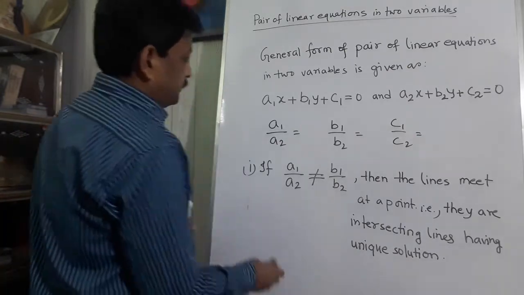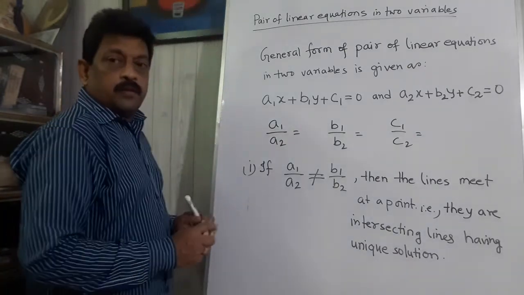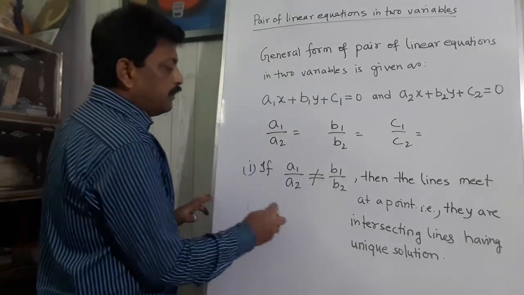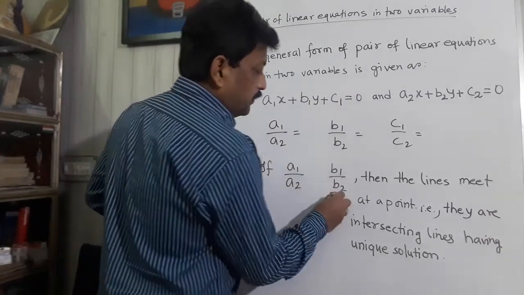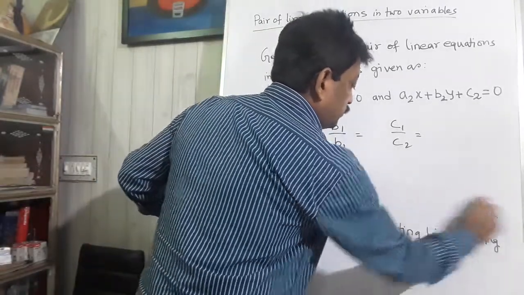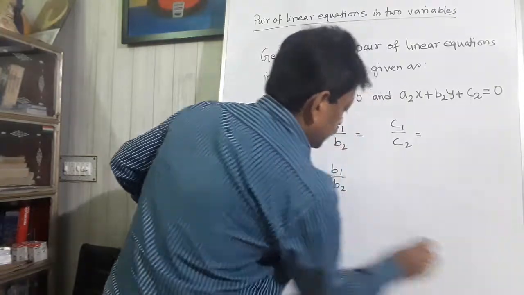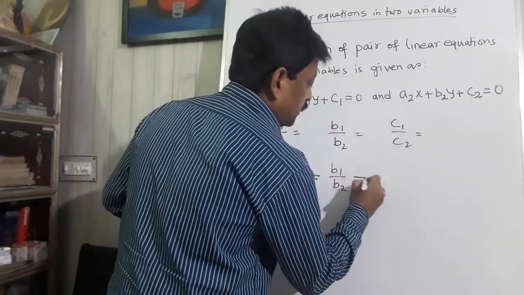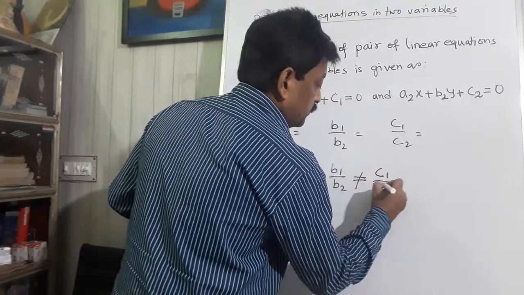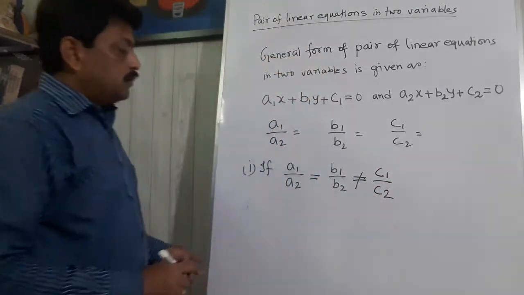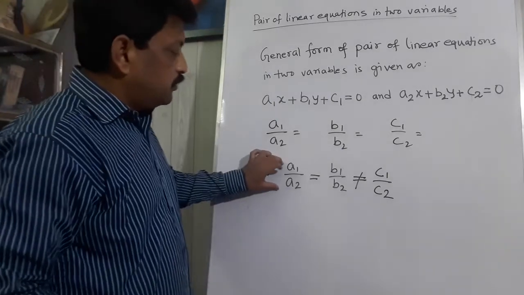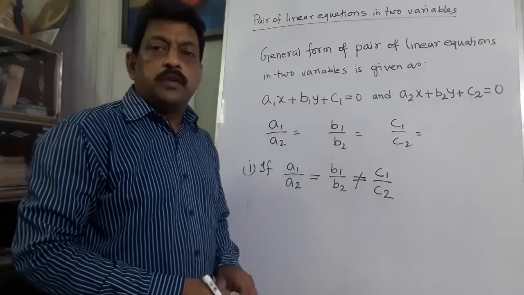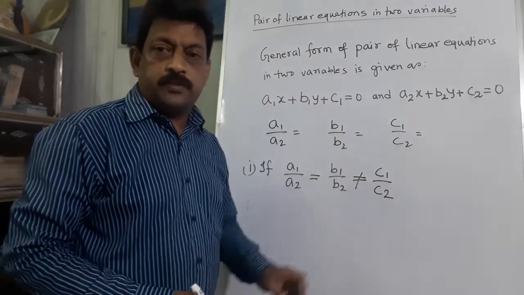The second condition: if a1 by a2 is equal to b1 by b2 but not equal to c1 by c2, means the ratio of a1 by a2 is equal to b1 by b2, but it is not equal to the ratio of the constants c1 by c2.